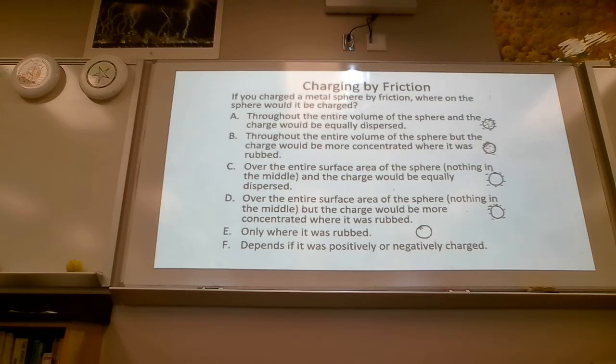Okay. Does everybody see? I'm just going to tell you because you're just guessing. But you see the options. Correct answer is C.